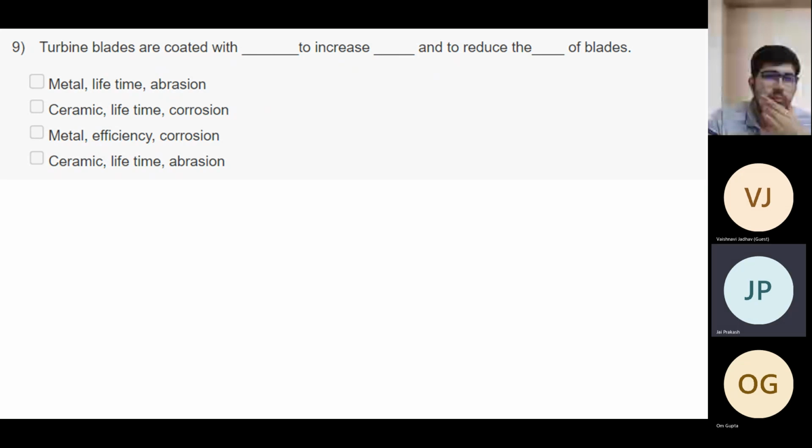It is ceramic, to increase lifetime and reduce corrosion. The ceramic material to increase the lifetime of the blade and to reduce the corrosion. Then option second is correct. Okay, so reduce the corrosion. Option second is correct. Only second or any other option?